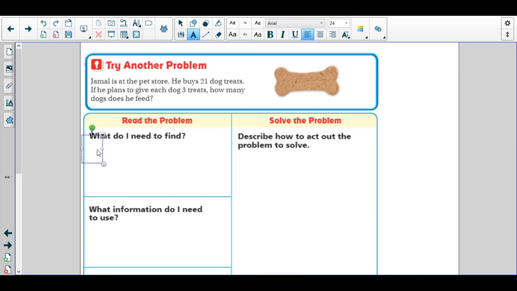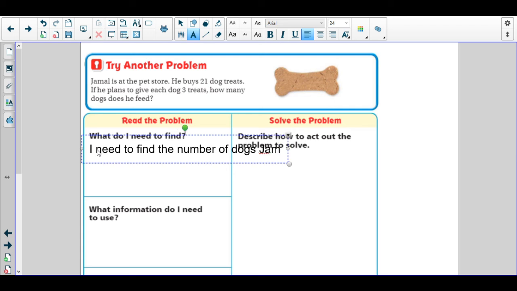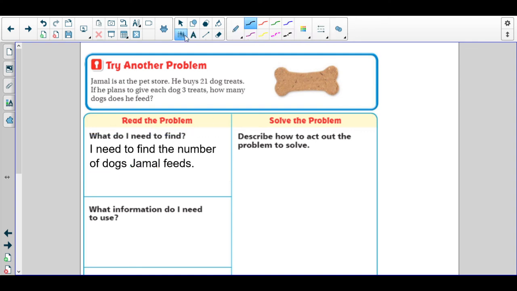We need to find the number of dogs Jamal feeds. And we were able to get that from this portion. How many dogs does he feed?